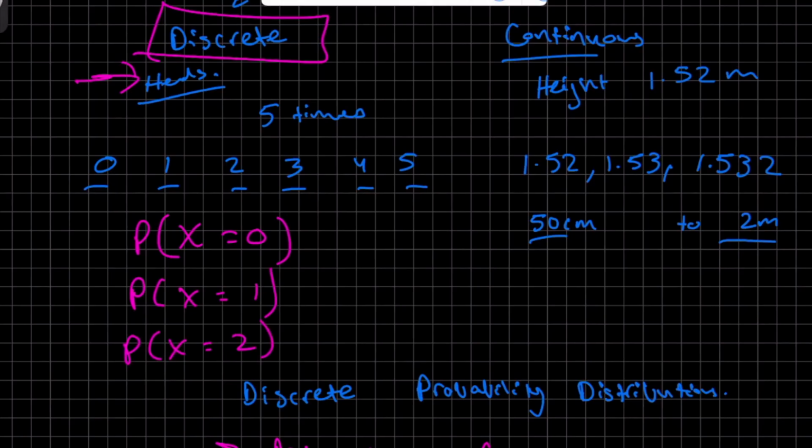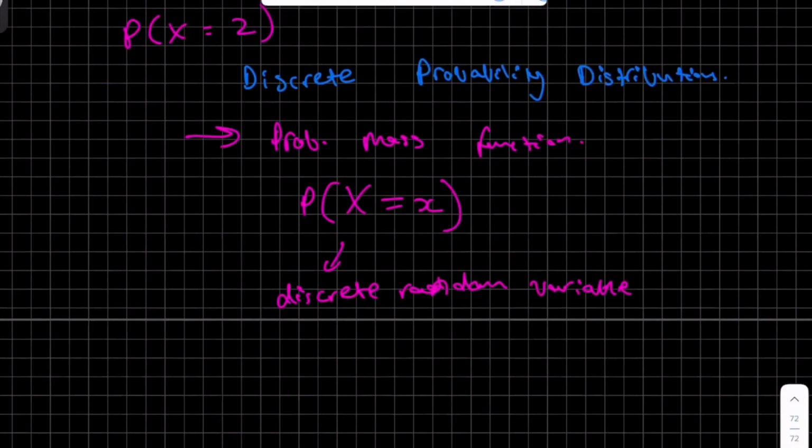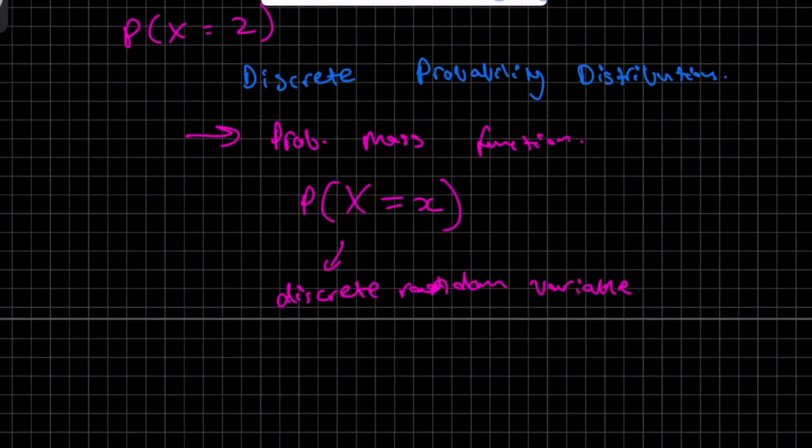You get the idea. So once again, our probability mass function gives us the probability that a discrete random variable, keyword here, discrete random variable, X equals a specific value. So our discrete random variable of getting heads in a coin toss could equal 0, 1, 2, 3, 4, or 5 if we're tossing it 5 times.